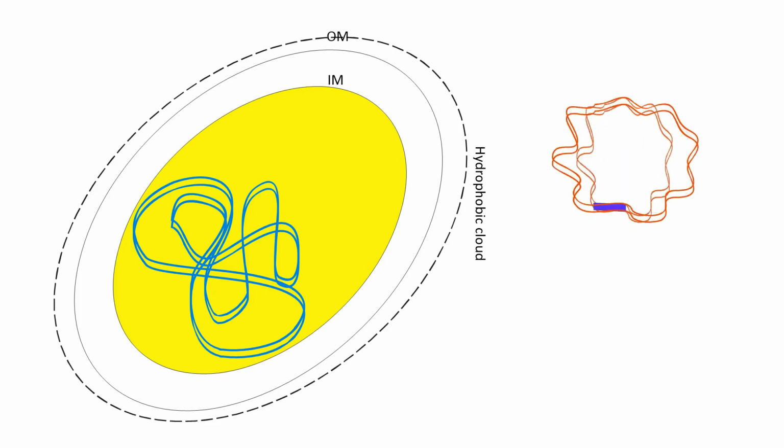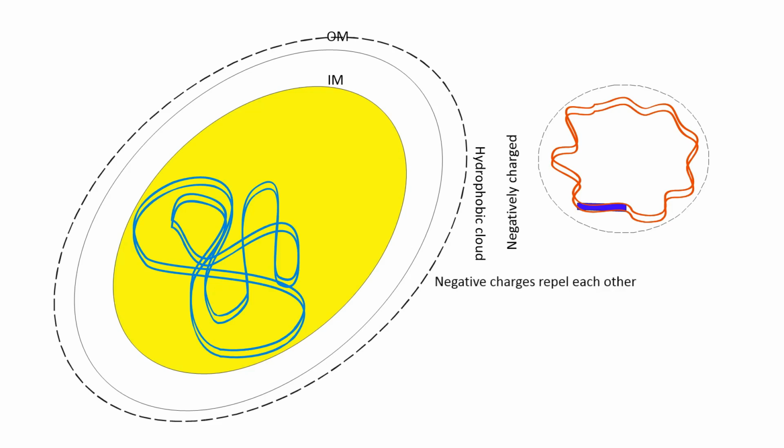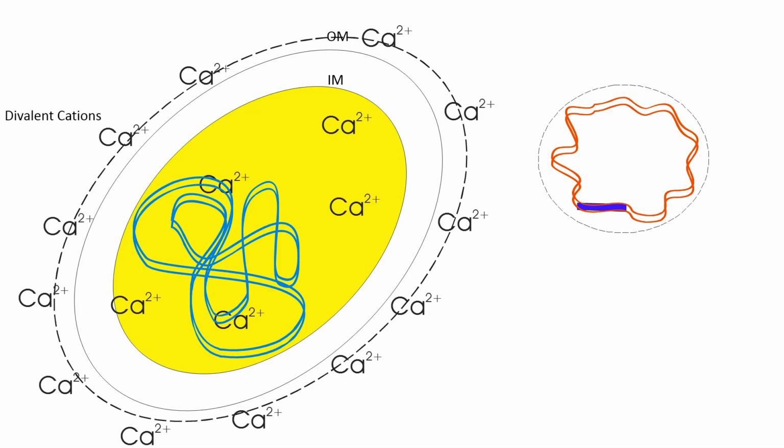When you add the plasmid, an extrachromosomal self-replicating DNA, it is again negatively charged, and this negative charge and the hydrophobic cloud repel each other. So naturally, a bacterial cell cannot take up foreign DNA because they repel each other.